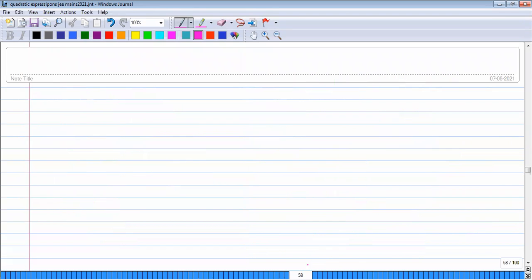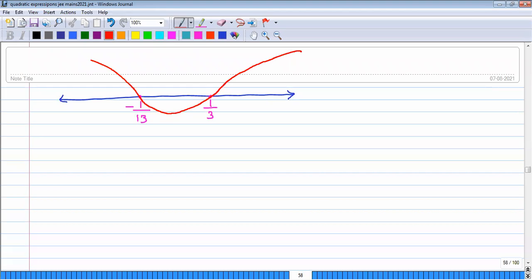So that means take the number line now. Just locate this minus 1 upon 13 and 1/3. Being y square coefficient is positive, sign changes like this: positive, negative, positive. But we need the negative sign, and also the endpoints are included.